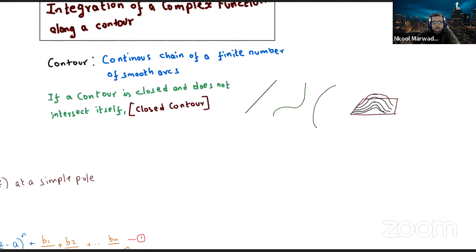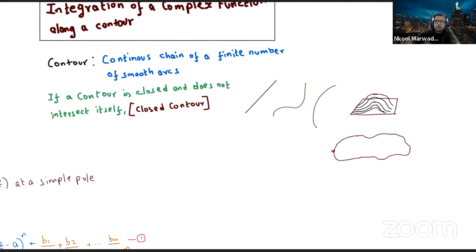Visually, the closed contour will be something like this. Wherever the arc goes, if it comes back to the initial point, I call it a closed contour. The arc is closed means the initial point and the final point merge with each other.